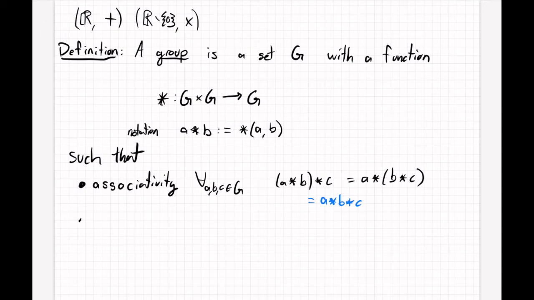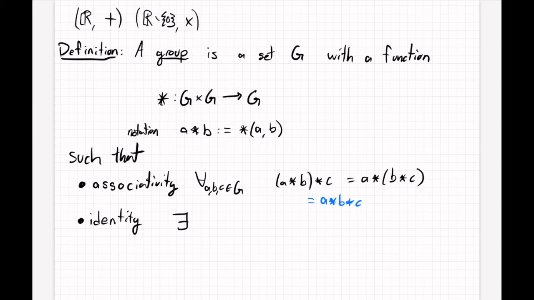And the second thing that must be true is I must have identity. An identity is this property where I have a special element. So before, the special element for plus was 0 and for times it was 1.